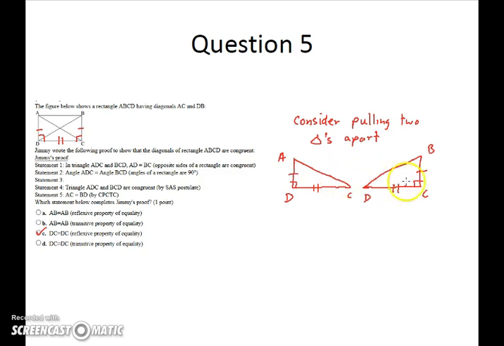Statement 1 lets us say that's true, since it's a rectangle, we have 90-degree angles, so we can say that this angle here is congruent to this angle. So then statement 3, you notice that it has a shared side, DC. So we can say that DC is congruent to DC because of the reflexive property. And so the correct answer for that is C.